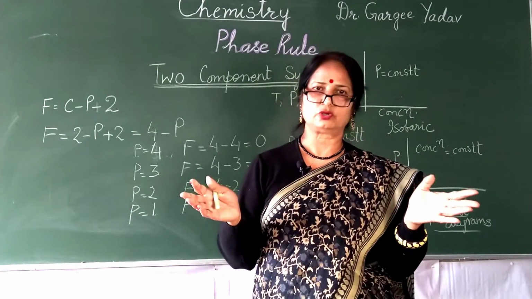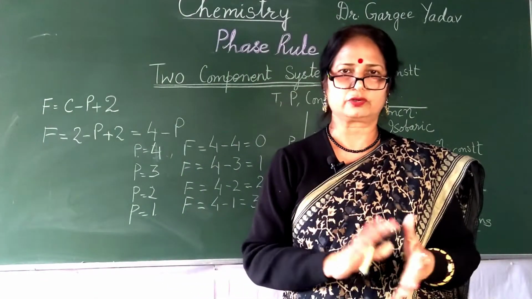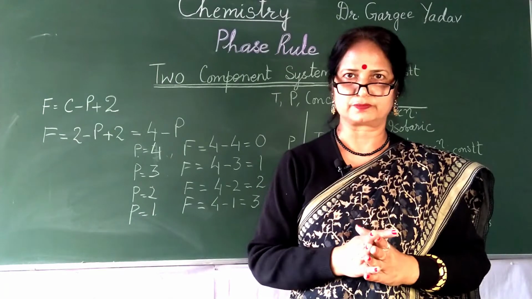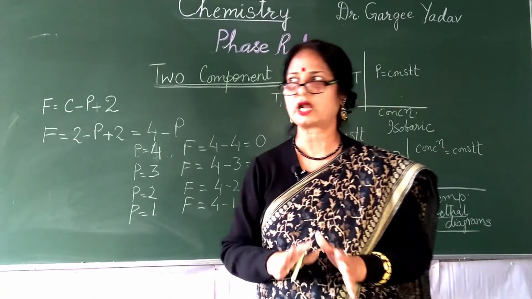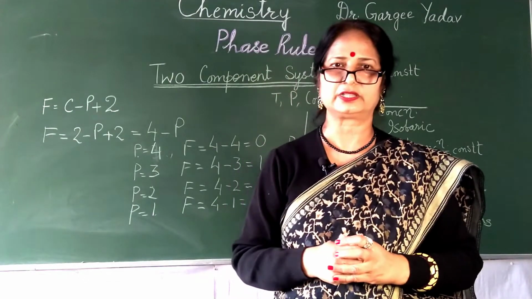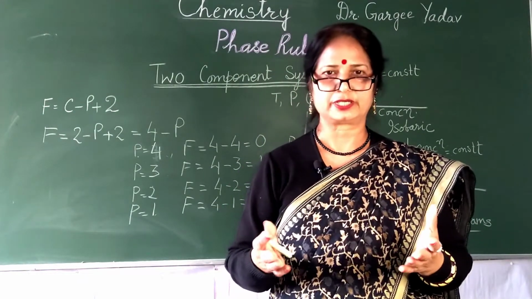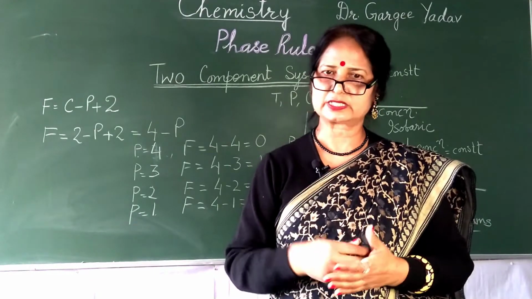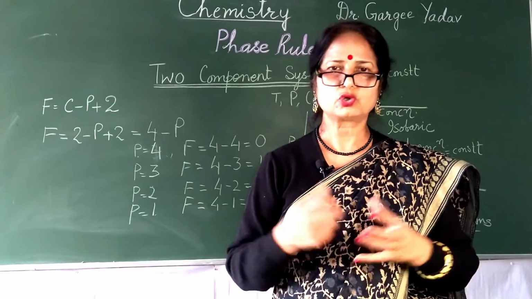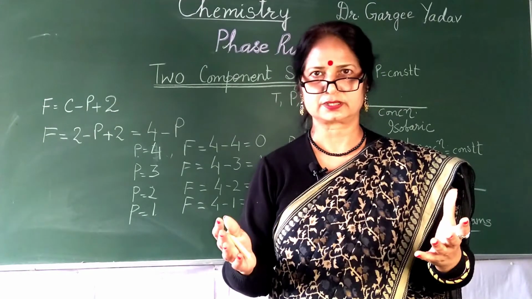So of the various equilibria involving two component systems, the solid liquid equilibria are of great importance, and they find application mainly with alloy formation and with crystallization of materials. So mainly we will study here the two component systems which involve the solid liquid phases.